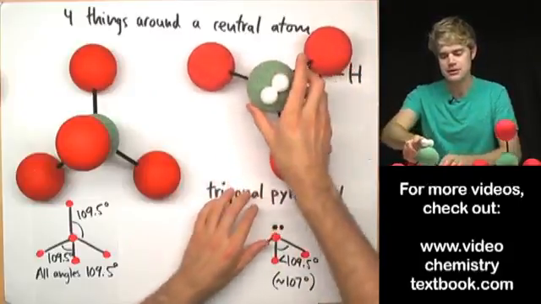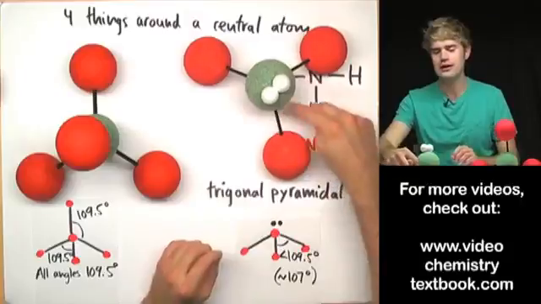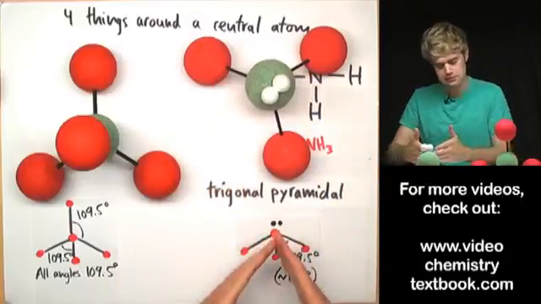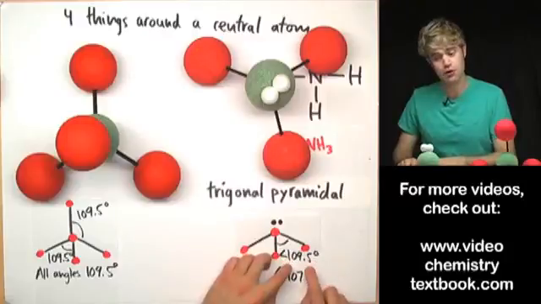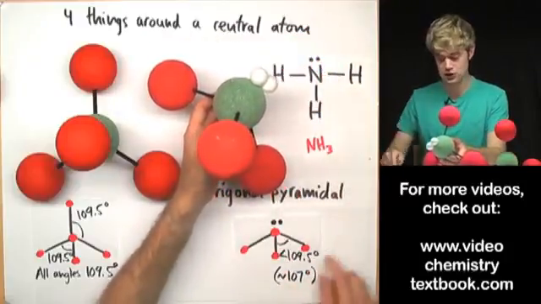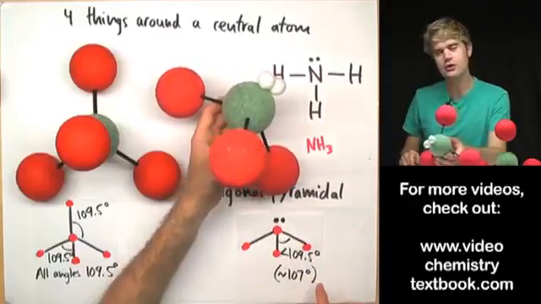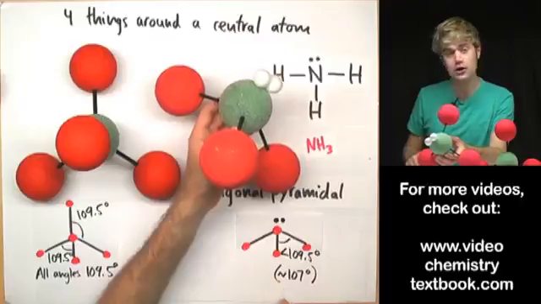And so that means that the angle between these bonds is pushed a little tighter, and so it's smaller than 109.5. For a trigonal pyramidal molecule like NH3, the bond angle is more like 107 degrees, a little less than 109.5 degrees.